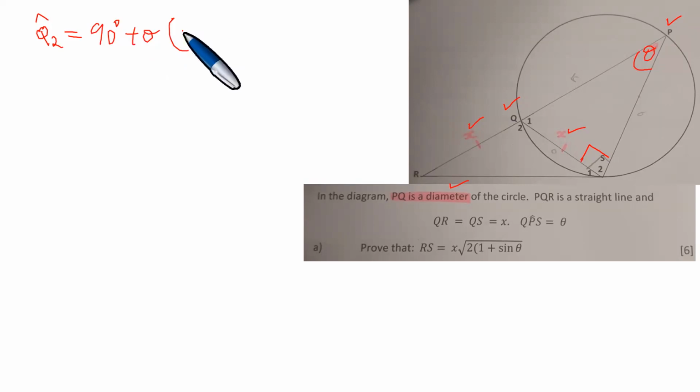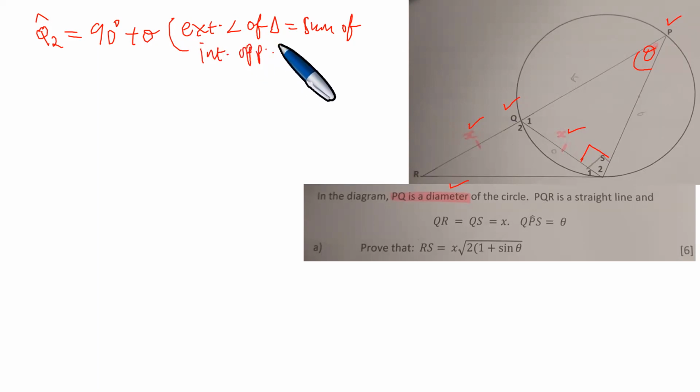This is the case because the exterior angle of a triangle equals the sum of the interior opposite angles. If this is the case, what do we get next out of these?